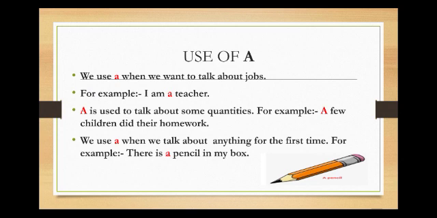Remember, if I want to talk about the same pencil for the second time, then I will use the article the. I will say, the pencil in my box is blunt. So when I'm talking about that pencil for the first time, I will say a pencil. But when I'm talking about the same pencil again, then I will say the pencil. Understood?